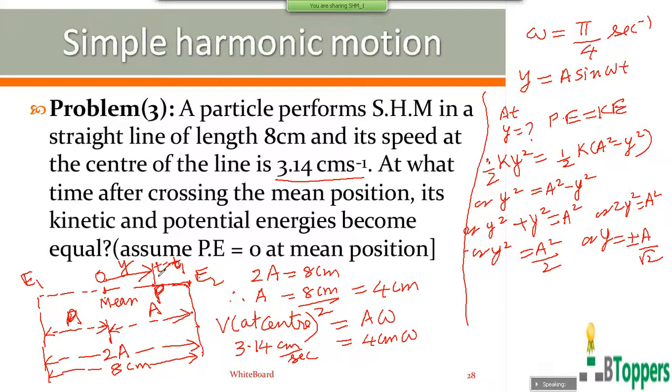That means you have to find the instant of time, say t equal to t1, at which y equal to a by root 2. You can substitute here in this equation y equal to a by root 2 and t equal to t1.